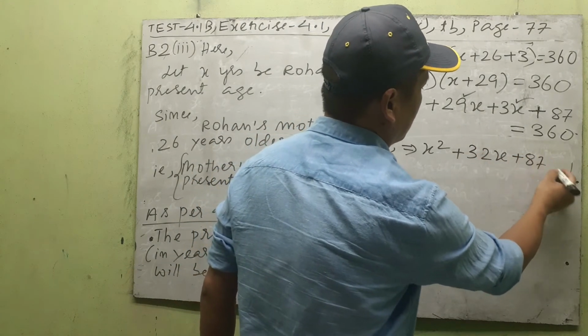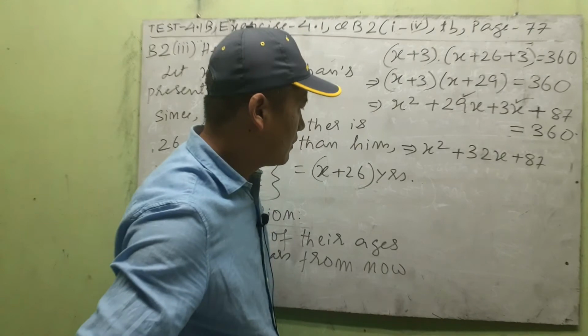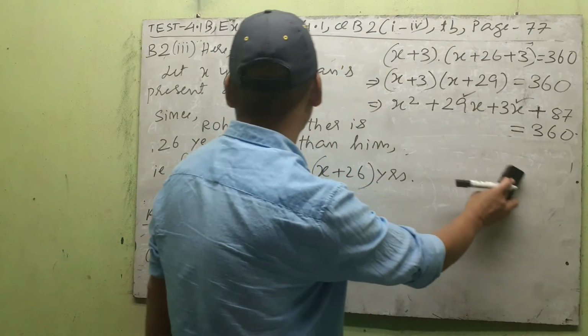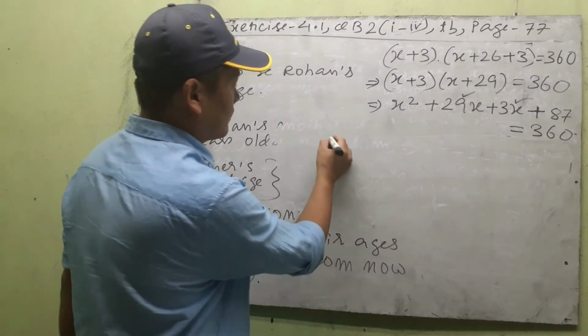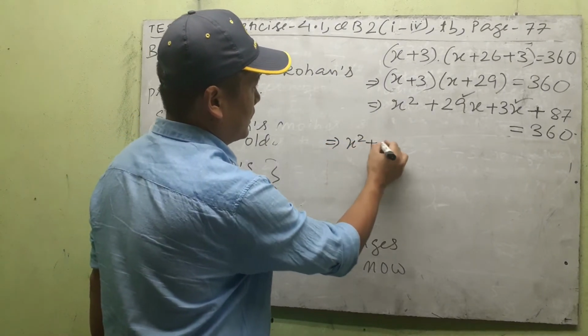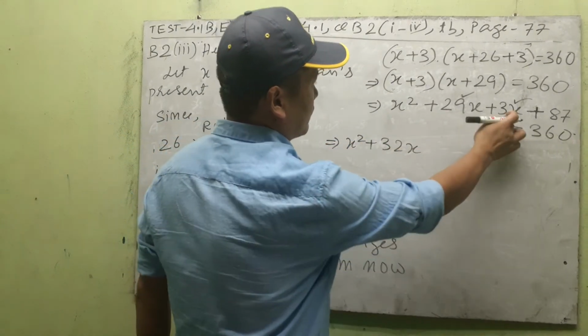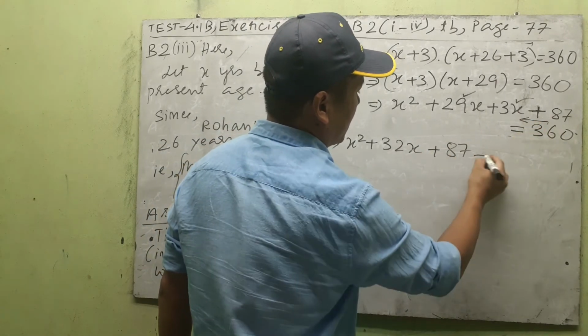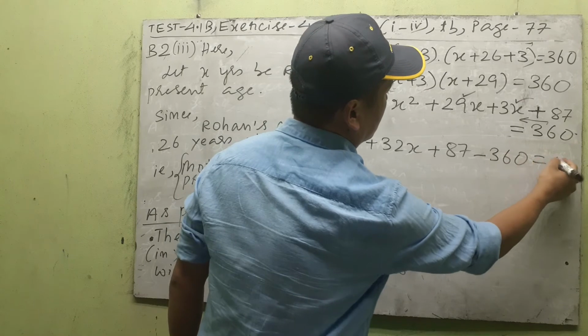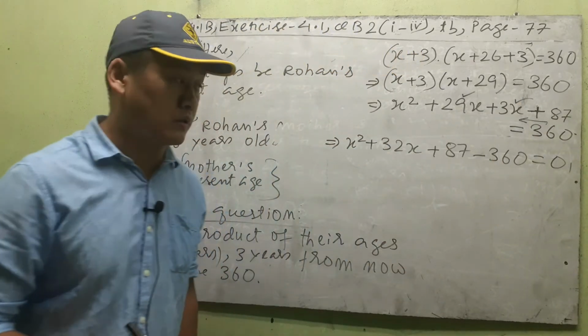Plus 87. So that gives x squared plus 32x plus 87, and we bring 360 from right to left, minus 360 is equal to 0.